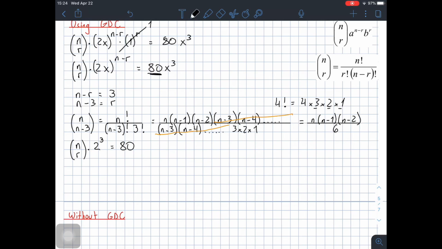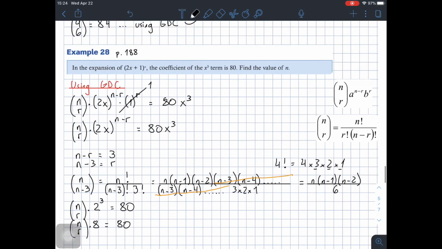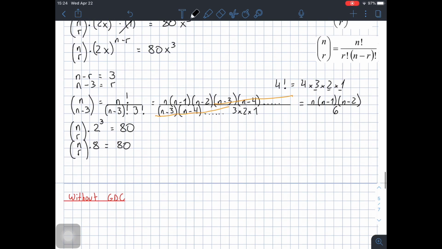We're only working with the coefficients, 80, 2, and this Pascal's triangle coefficient, okay? So the value of nCr, which we found here, times 8 should give us 80, which is the piece of information we were given at the beginning of this exercise. If we divide by 8, we would get that nCr should be equal to 10, right? So we will set up this equation over here equal to 10, and then we will be able to solve this.